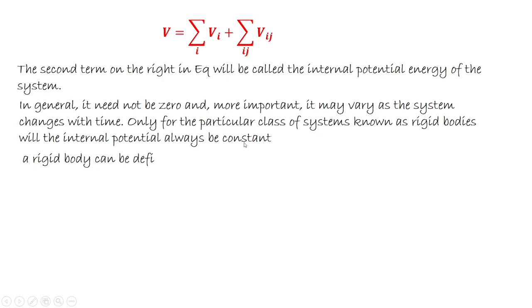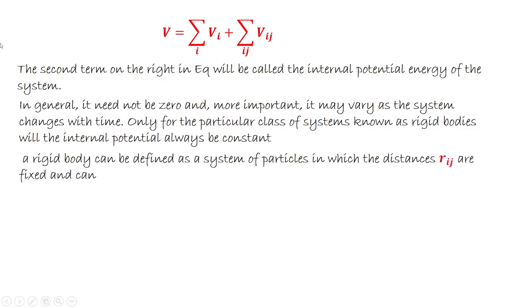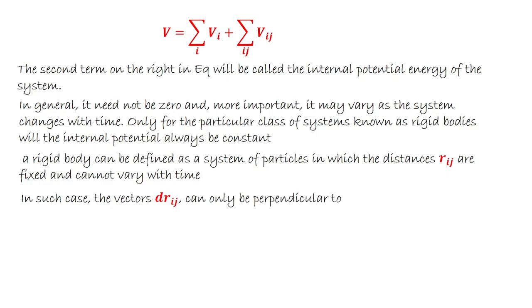A rigid body can be defined as a system of particles in which the distance rij is fixed and constant, and cannot vary with time. That is a rigid body. In such cases, the vector drj can only be perpendicular to the corresponding rij, and therefore the force also.